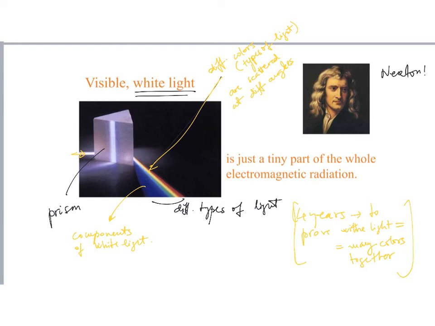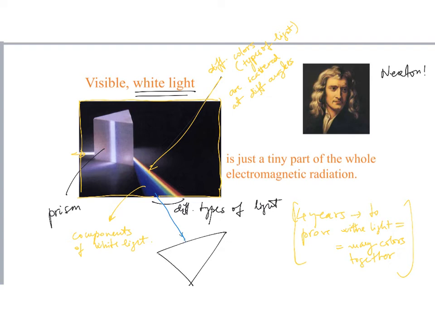So here's what he did. He put all this experiment in a box, and then he let through just one of these colors at a time, right? So the way we did it here, at some point it was this blue light, okay? And then he put a prism, and he said, okay, if the prism creates the colors, it should again create the colors. But here is what happened.